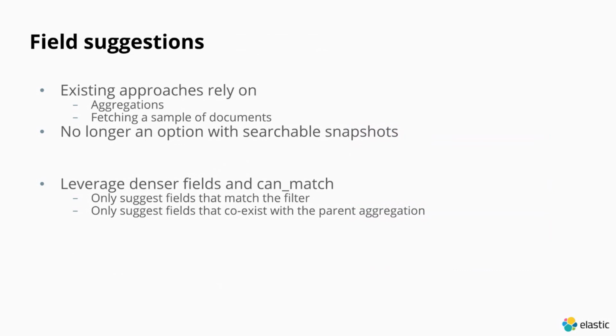Field suggestions, why am I bringing that up? Because in the past, when you had monolithic Filebeat or Metricbeat indices, it was very hard to build good field suggestions because there was no way to figure out what fields would be relevant for a specific set of data without actually looking at all the documents that match your filter.